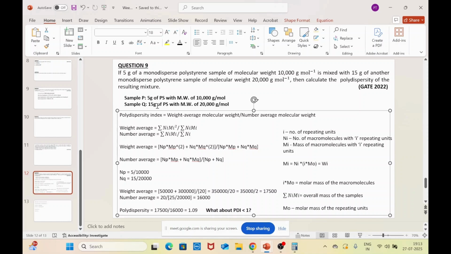It will be like N_i M_i divided by summation N_i M_i. I'll have to think about how to represent this in the weight fraction ratio.